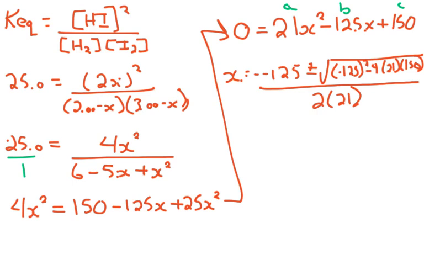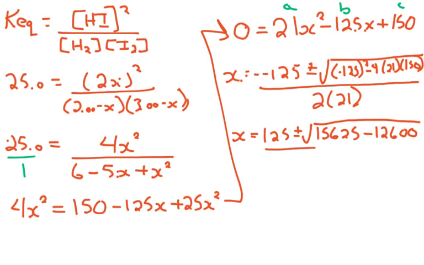My apologies. Working out the math, negative 125 is just 125. Negative 125 squared is 15,625. And 4 times 21 times 150 would give us minus 12,600. That's all divided by, we'll multiply that out, that's 42.